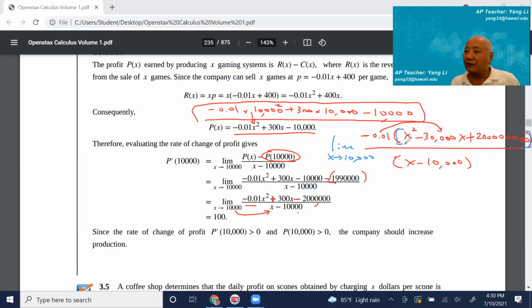So from here, we use the factoring, okay? We've got x and x. One of them should be negative 10,000. Do you know why? Because you should have x minus 10,000 to get rid of this x minus 10,000. So that's why I assume you have this factor there.